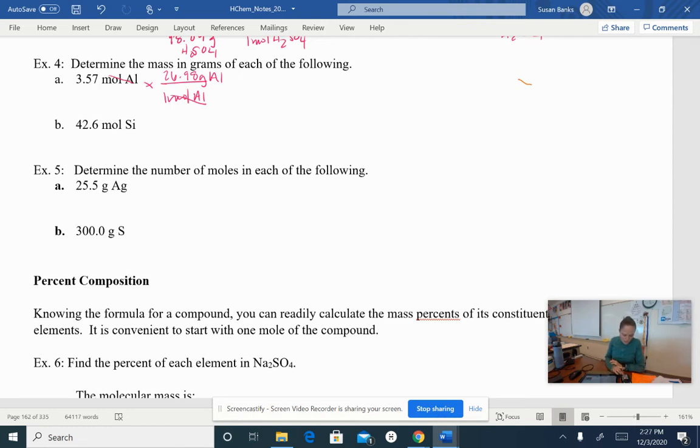Okay, so 3.57 multiplied by 26.98 gives me 96.3186. With sig figs, that's going to round to 96.3 grams of aluminum.